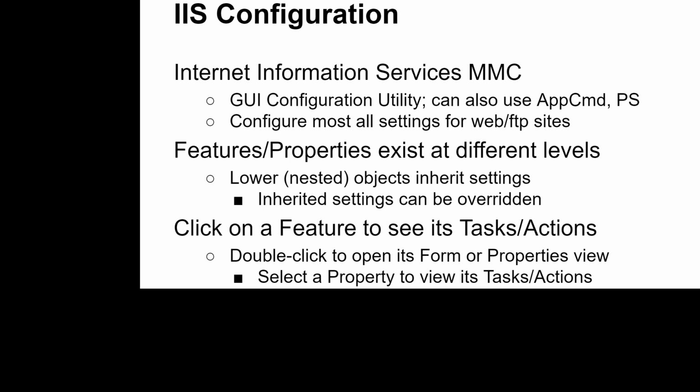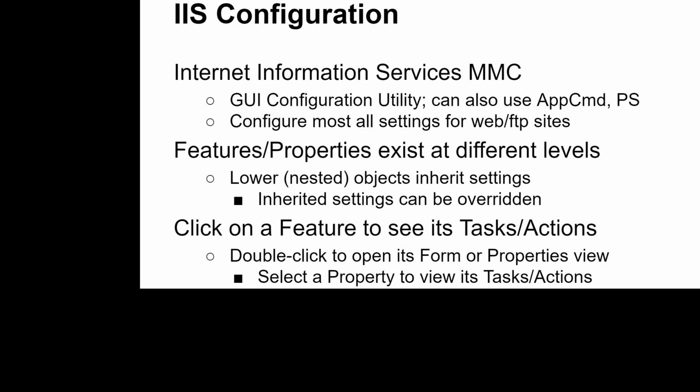In general, in the IIS GUI, you're going to click on a feature to see what tasks and actions are available for that particular object. Double click to view its form or properties view. Most of the time it'll be a checkbox or a radio box that says on or off.